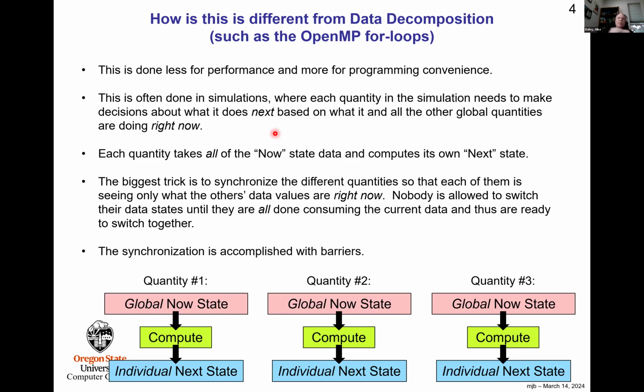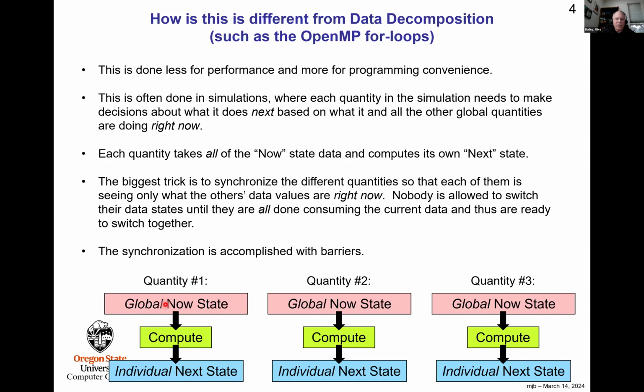So there needs to be some sort of synchronization there, okay? Because they can't start writing out their values into the now array until they know everybody is done using the current now array. So we have to worry about that. The synchronization will be accomplished with barriers of some sort.